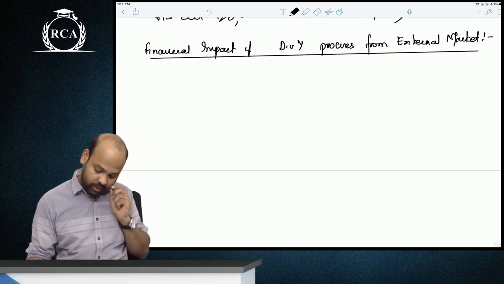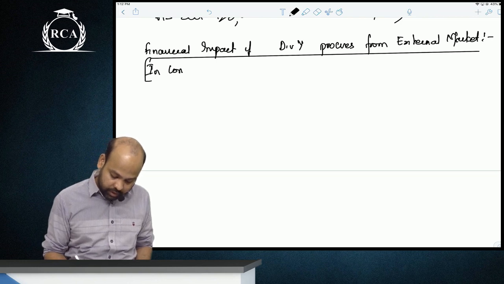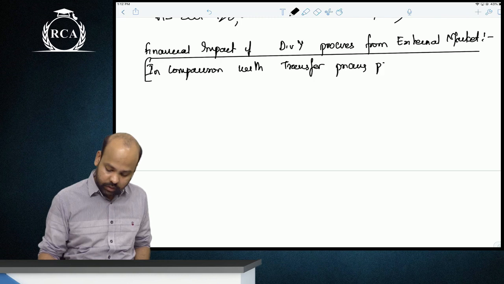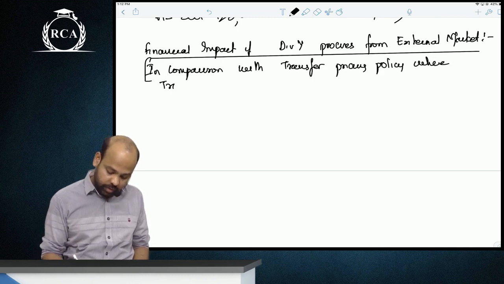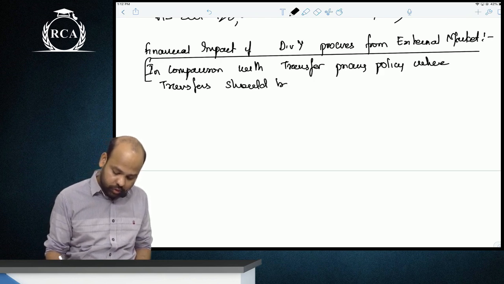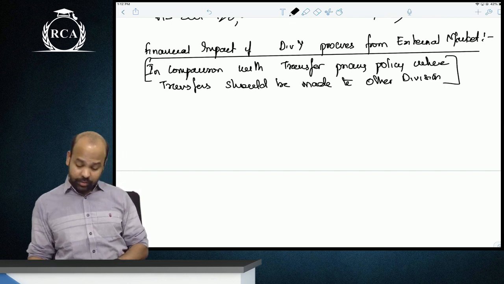Please understand, this is in comparison to the transfer pricing policy, where transfers should be made internally only, to the other division. We are going as per the policy of the company.